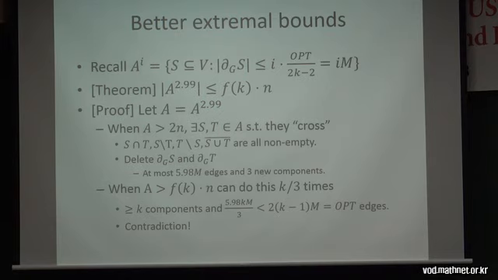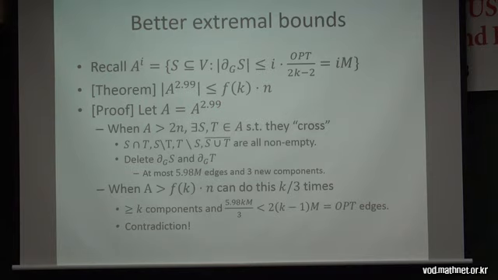If you delete the boundary of S and the boundary of T, then we pay at most 6M edges, and we get 3 new connected components. So this was when A is greater than 2n. But we can easily say that if A is greater than, say, 2 to the k times n, then we can do this process k over 3 times.